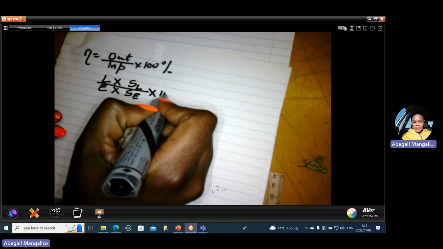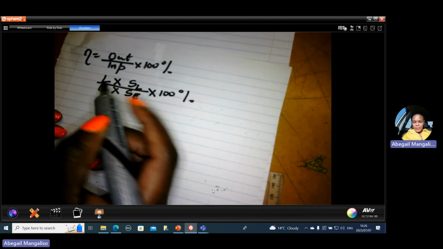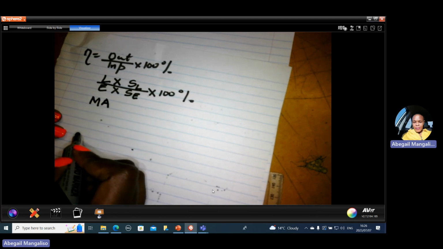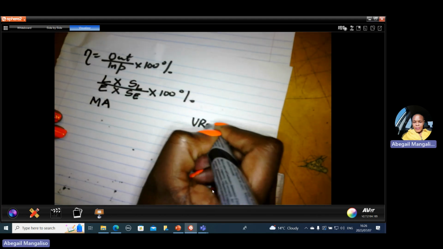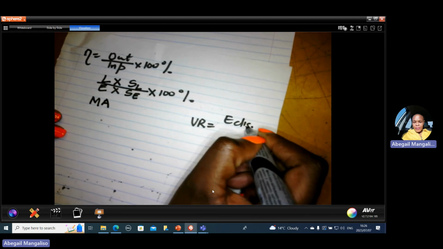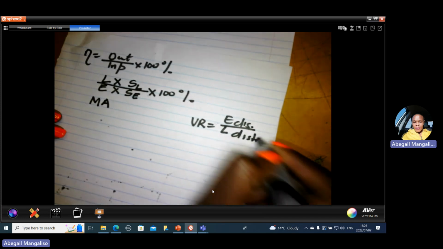Then this is multiplied by 100%. Load over effort is mechanical advantage. MA is load over effort. Velocity ratio is given by effort distance, S_E, divided by load distance.